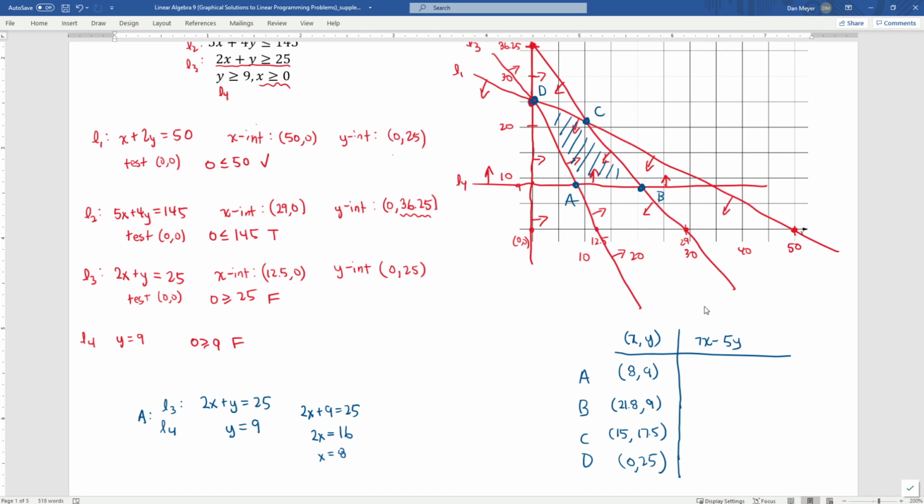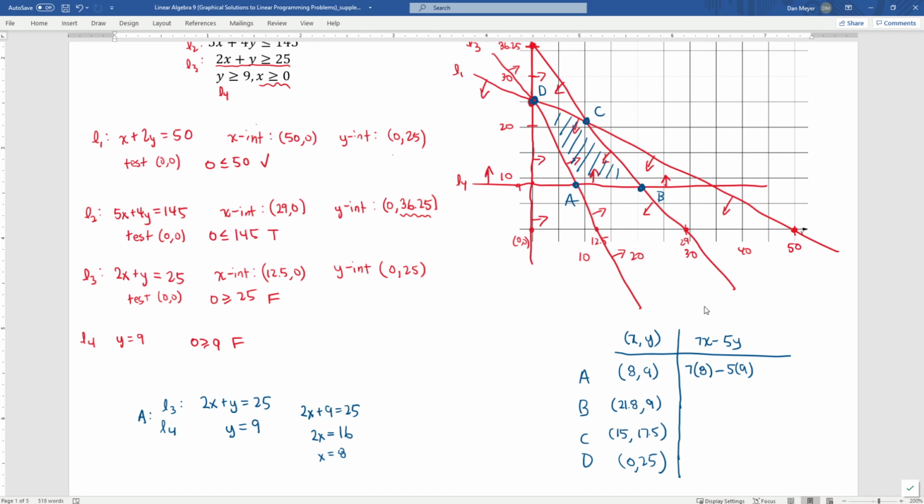We've identified the corner points of our feasible region. We're on to step 3, where we're going to evaluate our objective function, which means plug in 8 for x and 9 for y. 7 times 8 minus 5 times 9. And this is, again, a point where you've got to resist the temptation to be speedy.